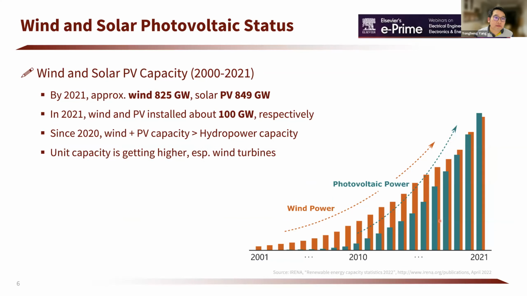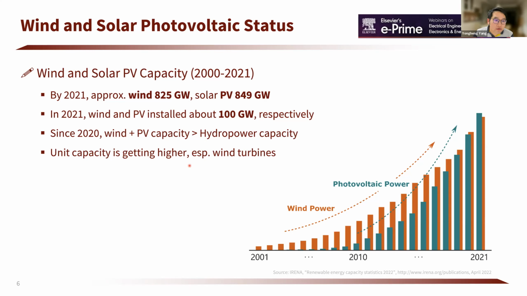And in terms of the installation of wind and solar PV, this has also been increasing exponentially in the past 2 decades, especially for PV systems. Actually, this has increased significantly in the past 10 years compared to wind. The wind power has gradually increased, but PV has had an exponential increase in the past 10 years.